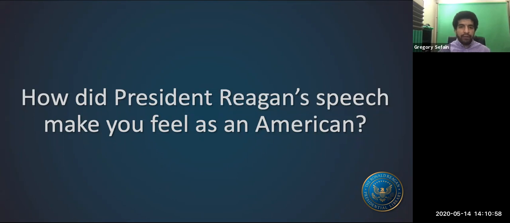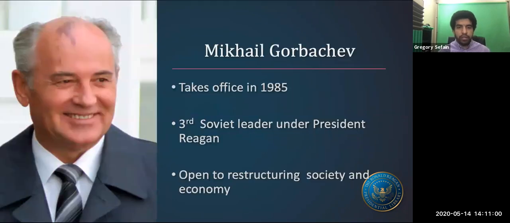So shortly after, General Secretary Mikhail Gorbachev takes office as the leader of the Soviet Union. Now, during the 2 terms of President Reagan's administration, Mikhail Gorbachev was the third leader under President Reagan to take over as the head of the Soviet Union.